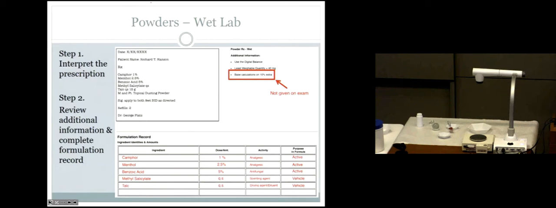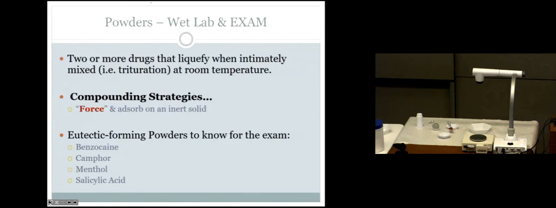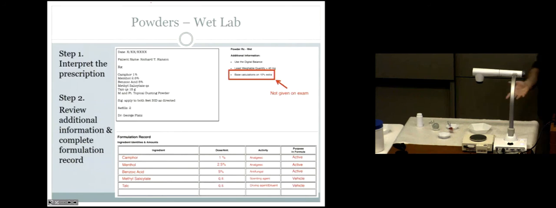On the additional information, and again, you guys are going to do the calculations. Remind you, your calculations need to be based off of the preparation of 10% excess. All right? I will not remind you that on the exam, but for today, make sure you do all of your calculations based off of 10% excess. Now, looking at this, in my lecture, or the podcast that I'm sure you all really listen to, I did describe several different types of powders.